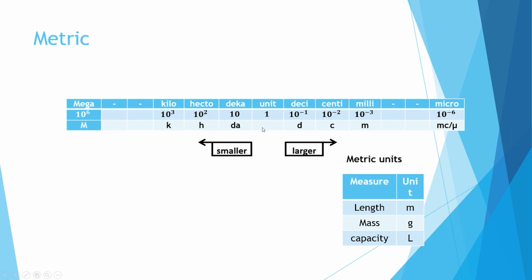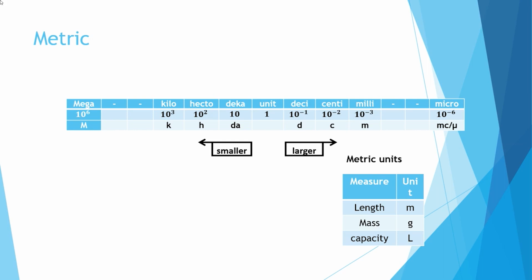Then you have the unit. Now the unit can be either meters, grams, or liters. Then you have a deci, that's like a 1/10. Centi is 1 out of 100, and milli is 1 out of 1,000.